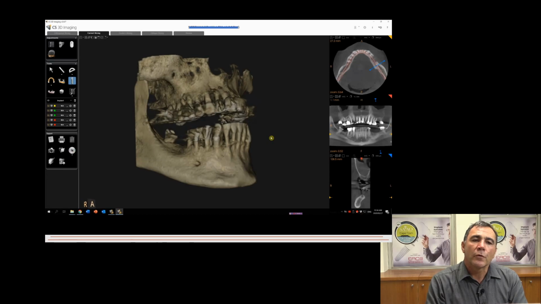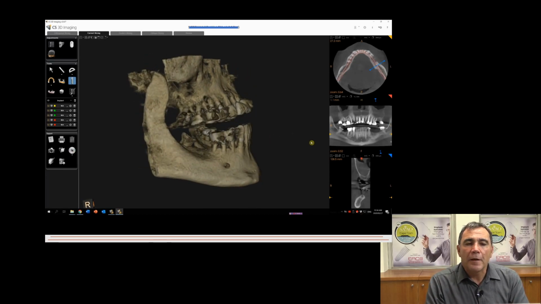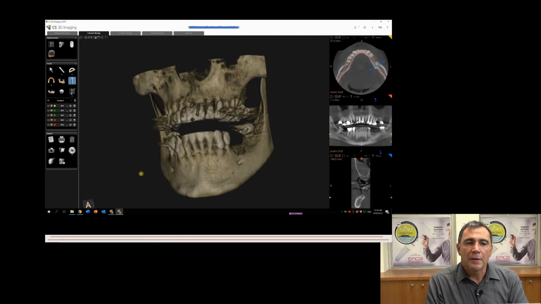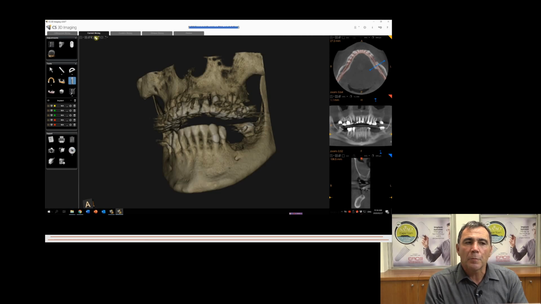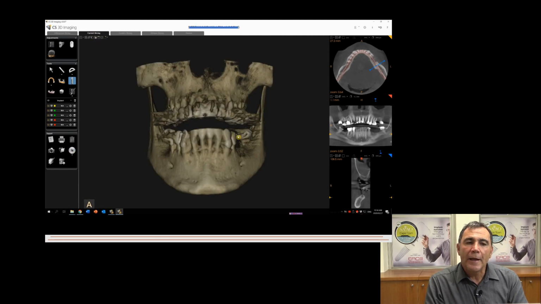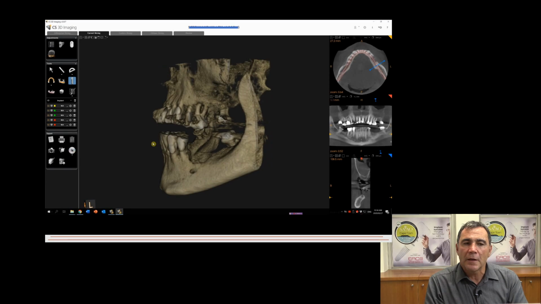So let's start off. So the first is I've enlarged the three-dimensional image, and from the left-hand side I can see the dental problems, the periodontal problems. I then reselected to the initial stage again.